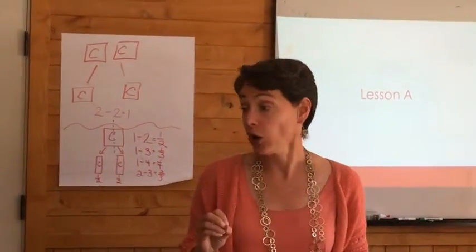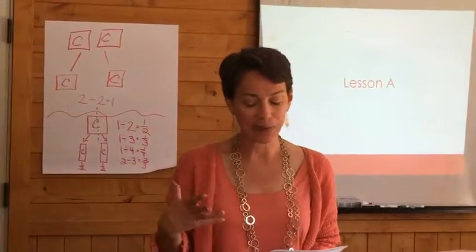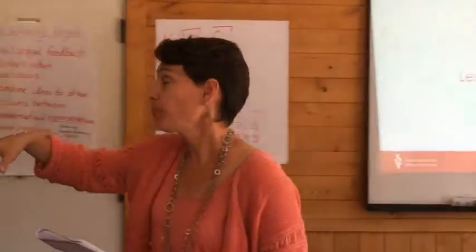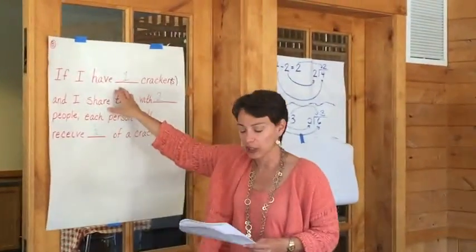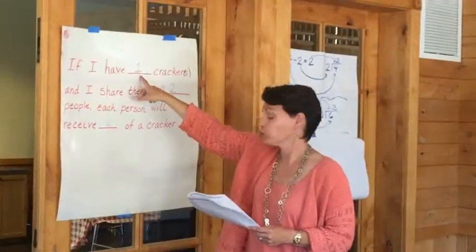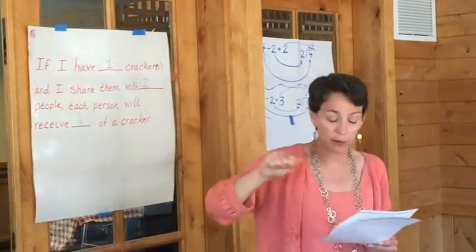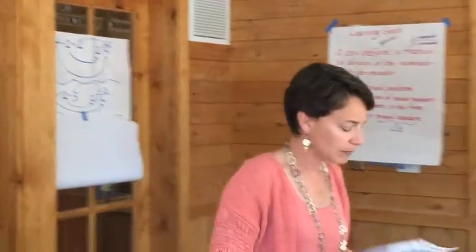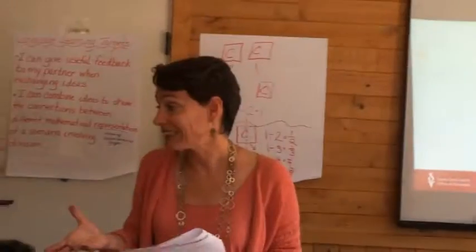Again, you have to draw. It's not enough to just write your answers. You have to draw and you have to explain. And here, I might keep the sentence frame up to help my kids actually write the explanation. I have 3 cookies and I want to share them with 2 people, to help them write it verbally, or in writing. And then they also do 3 and 4, but you can see that this is context.